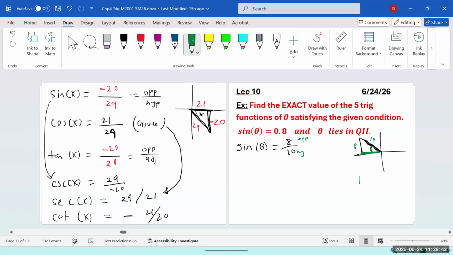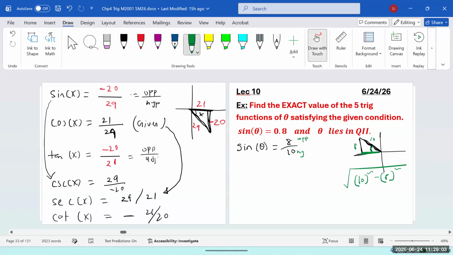So this is simply 10 square minus 8 square and then take the square root. This is the shortcut. Always subtract the side square from the hypotenuse square, and if you take the square root, that's the answer.